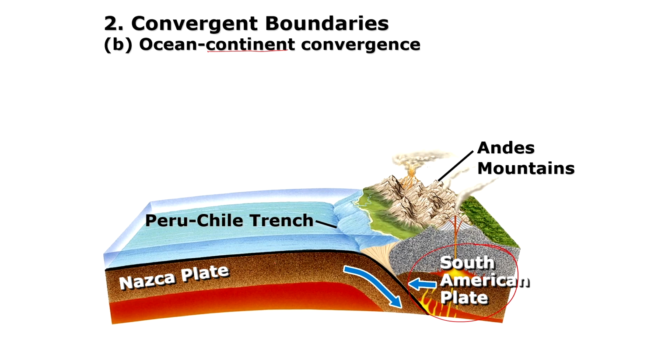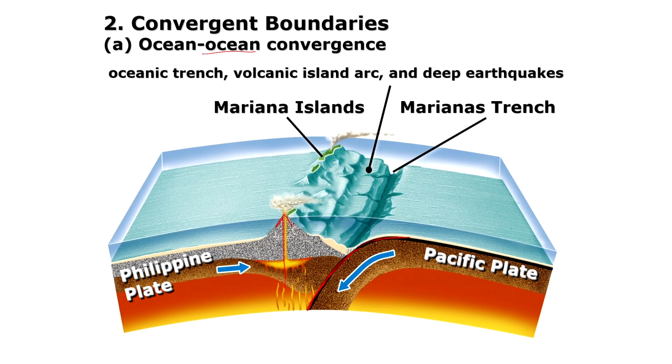Okay. So, only the heavier plates will subduct. So, the Nazca plate is again an oceanic plate, and similar landforms will be seen as we come across in oceanic convergence, and we will see volcanoes on the overriding plate, and we will have a formation of a trench.